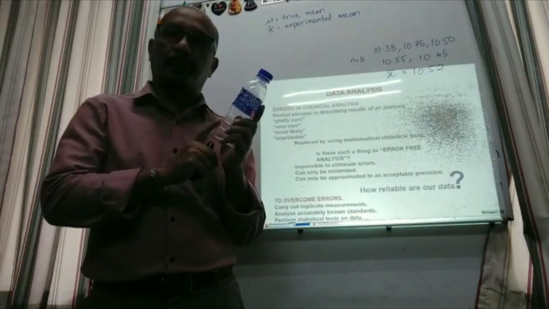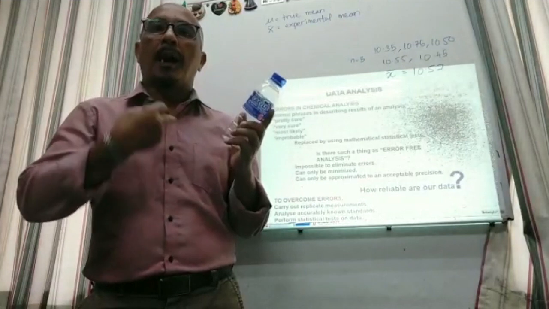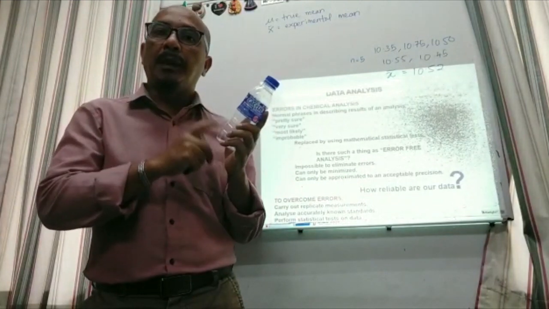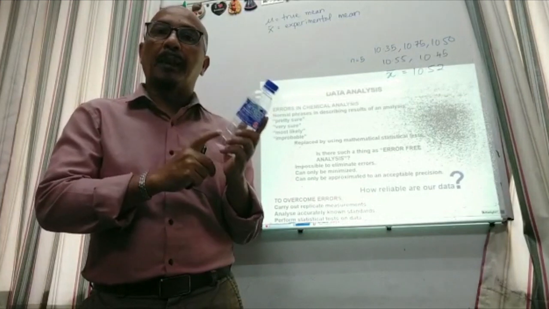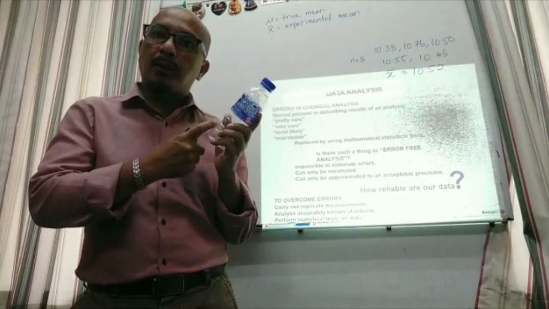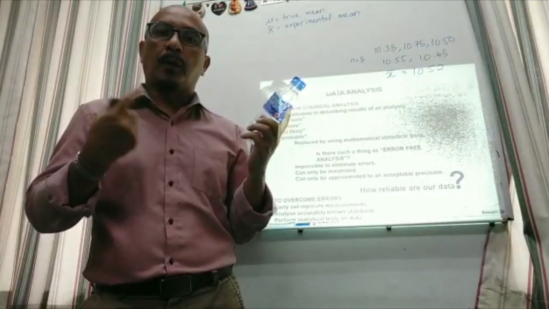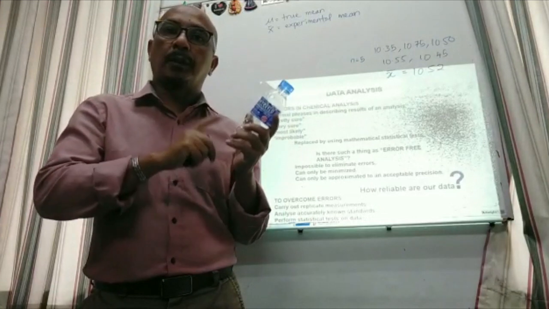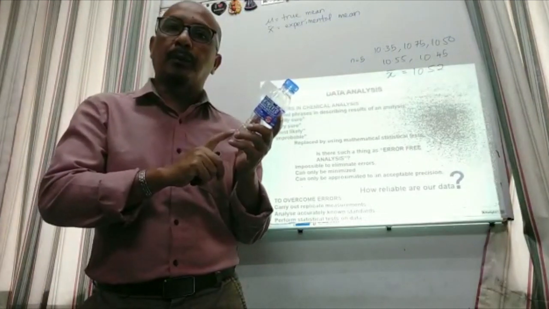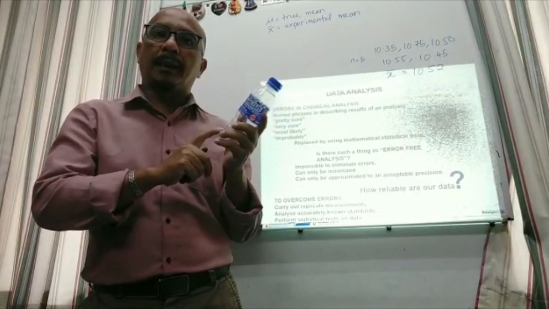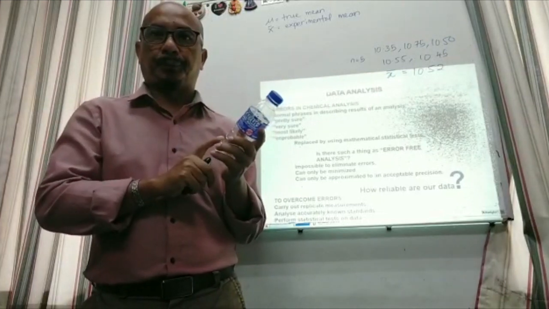For sure, no. I also don't know. But we need to know the concentration of the analyte. The exact value, only God knows. But we try to get the concentration of the analyte in this sample.